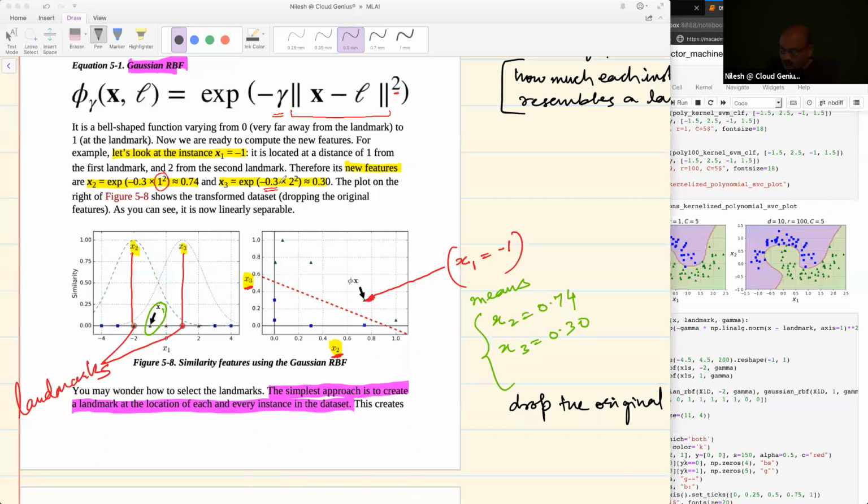And then they are trying to come up with the values of x2 and x3, the 2 new variables, just like we did x2 as x1 square in an earlier example. This time we are doing x2 as this function from landmark number 1 and x3 as some function from landmark number 2.